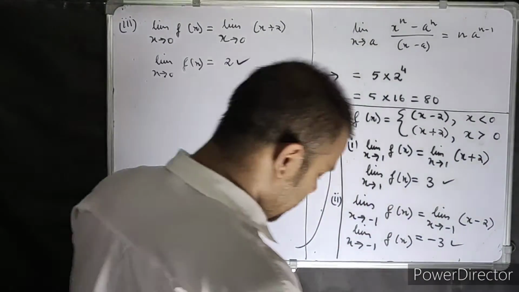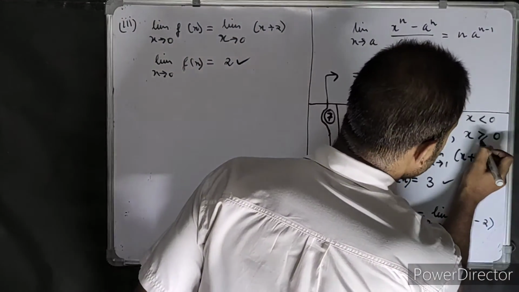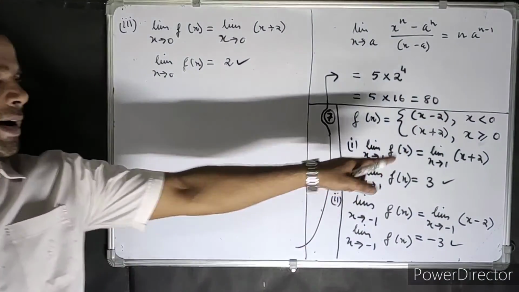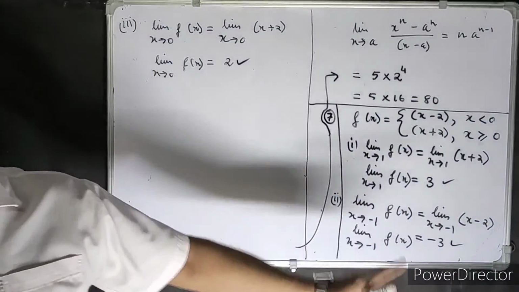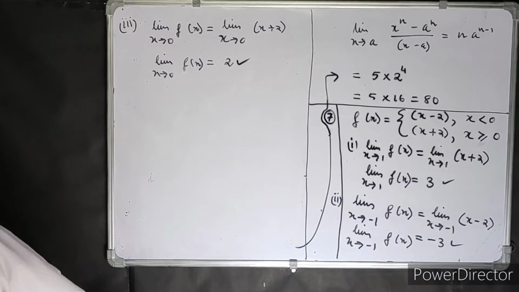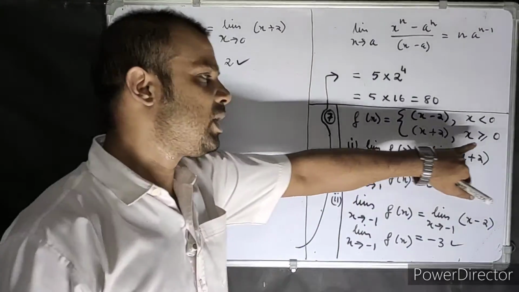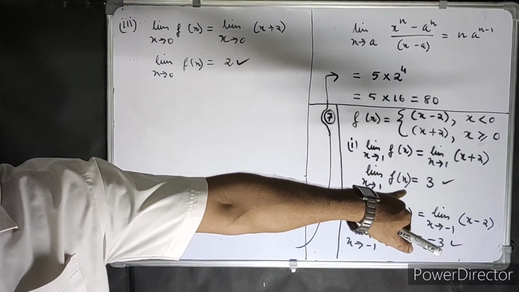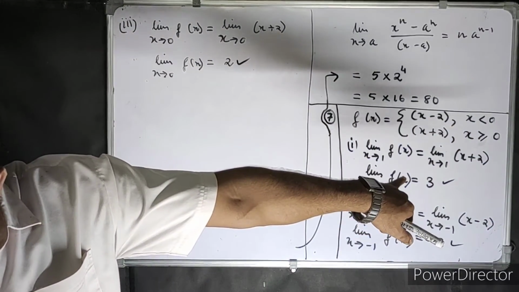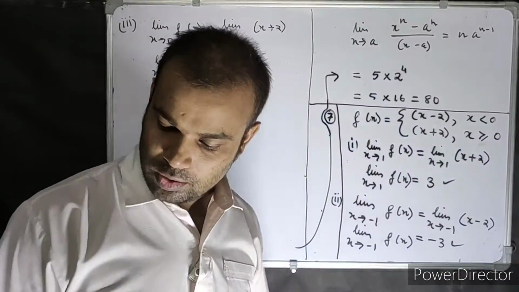But it's given as equal to 0. Maybe it's corrected in the new book. But this is the correct answer, so you don't have to worry about it. At 0, you will use this function because it is greater than or equal to 0.